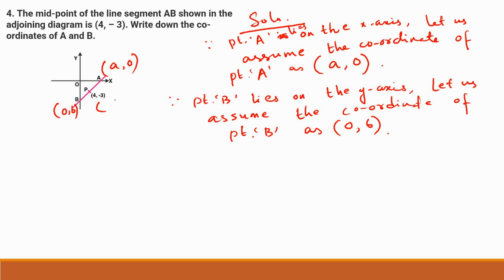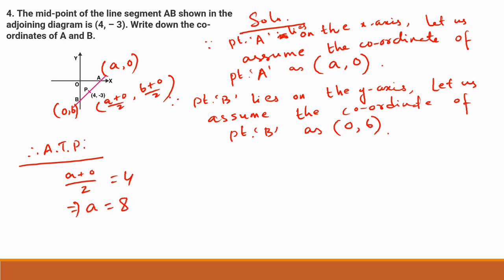What will be the midpoint of the two points (a, 0) and (0, b)? The x coordinate should be (a plus 0) by 2 and the y coordinate should be (b plus 0) by 2, right? So according to the problem, (a plus 0) by 2 equals 4. They have given this as 4. So a equals 8, right? And (b plus 0) by 2 should be minus 3.